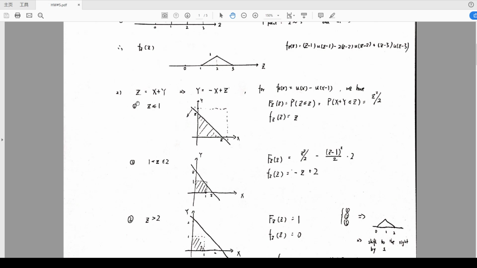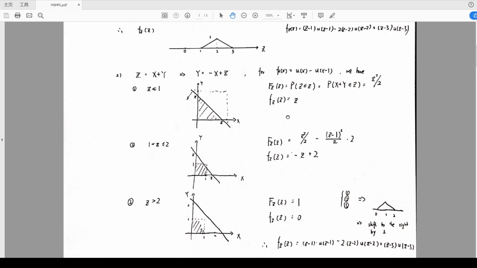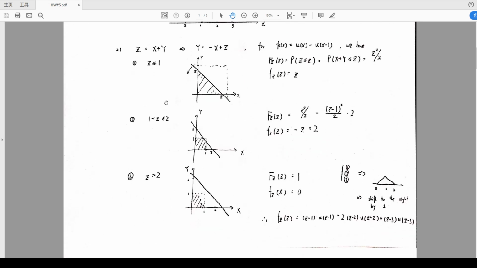The first situation is when z is smaller than or equal to 1. We can see in this picture that F_Z is equal to z squared over 2, because it's the area of this triangle. Taking the derivative of F_Z gives the result f_Z, which is z.